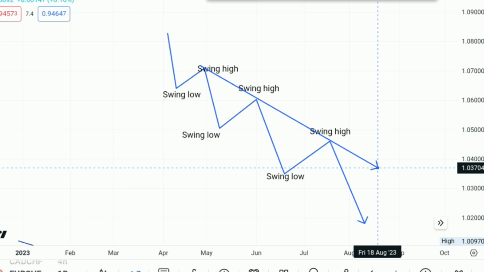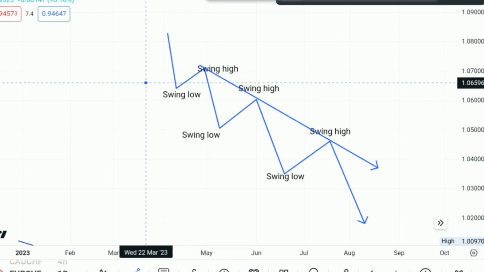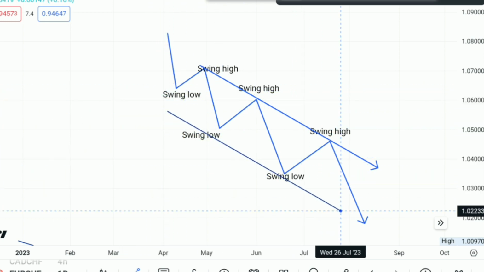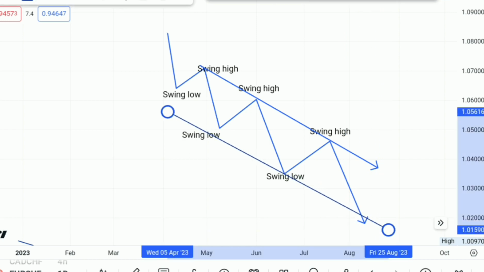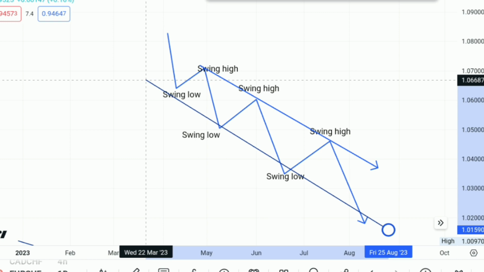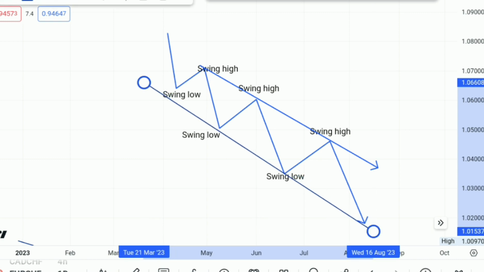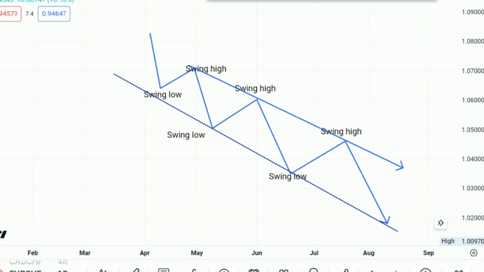Swing high along the top and swing low along the bottom. The drawing isn't that good, but I tried my best to make you understand. So this is how we draw a trend line.